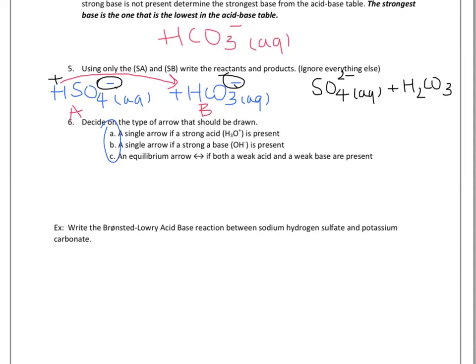If there is a strong base present, meaning hydroxide is present, then we use a single arrow. However, if both the reactants are a weak acid and a weak base, then we need to use the equilibrium arrow. HSO4 negative is not one of the 6 strong acids, and HCO3 negative does not contain hydroxide, so it's not a strong base. Therefore, we need to use an equilibrium arrow here.